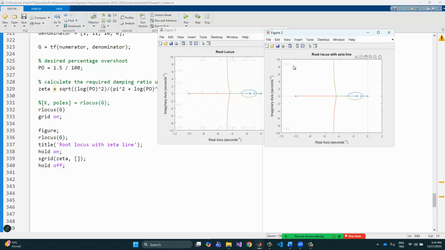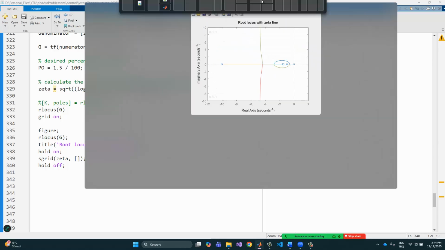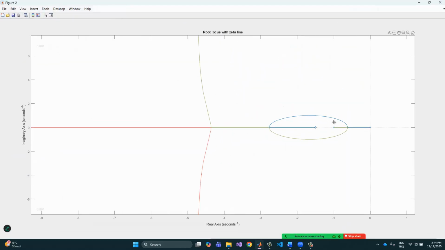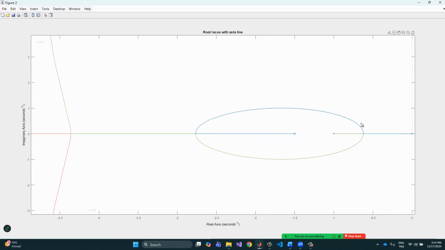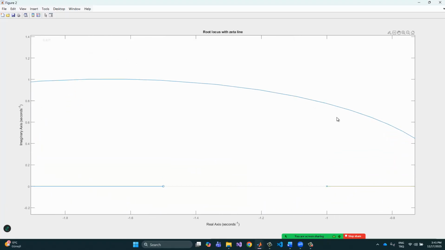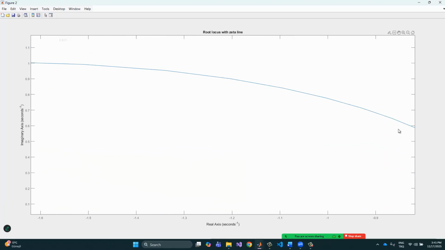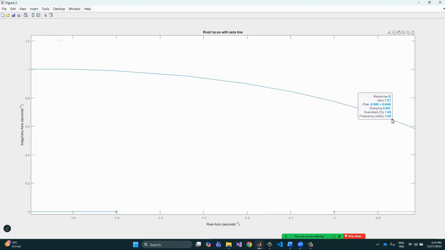0.8001. Okay, this is the desired percentage rate of this one, because we put the zeta in here just like this one. And so in this graph, if we have this dash line in here, and so we should select either this point, this the intersection point, gain 7.25, 21, or 12.9 corresponds to the what?